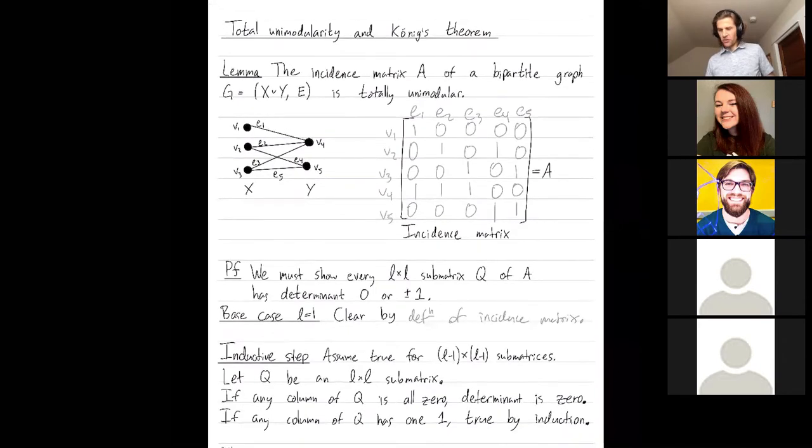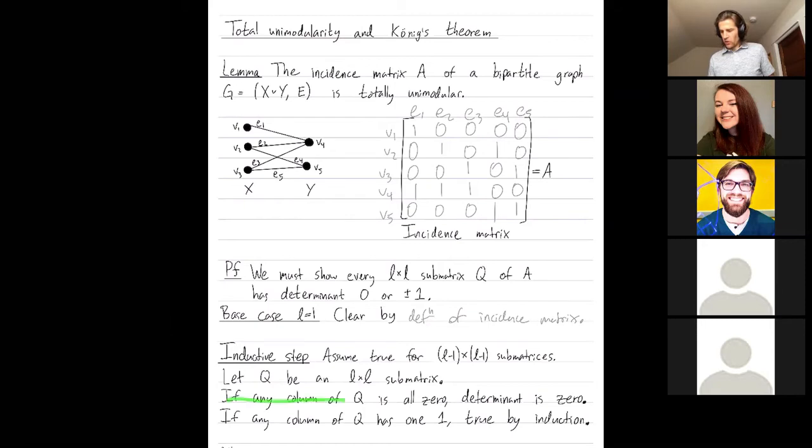Now, the beauty of induction: we can assume that every submatrix of size L-1 by L-1 has determinant -1, 0, or 1. And now we need to prove that it's true for a submatrix of size L by L, and then we're done. So let Q be an arbitrary L by L submatrix.